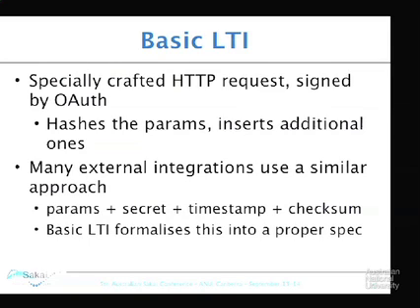We hash these parameters against that secret, and OAuth sticks the hash into the request. On the other end, we take all the parameters out and rehash them with the secret that I've got, because it's a shared secret, so it should be the same. If it all matches up, then we're good to go.